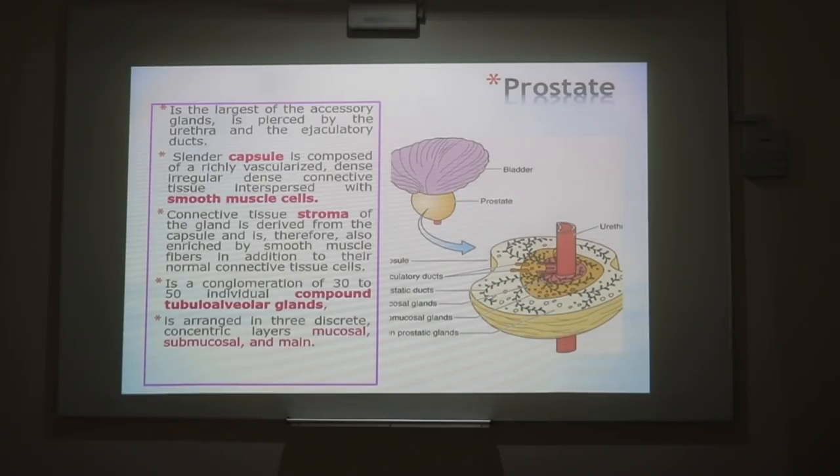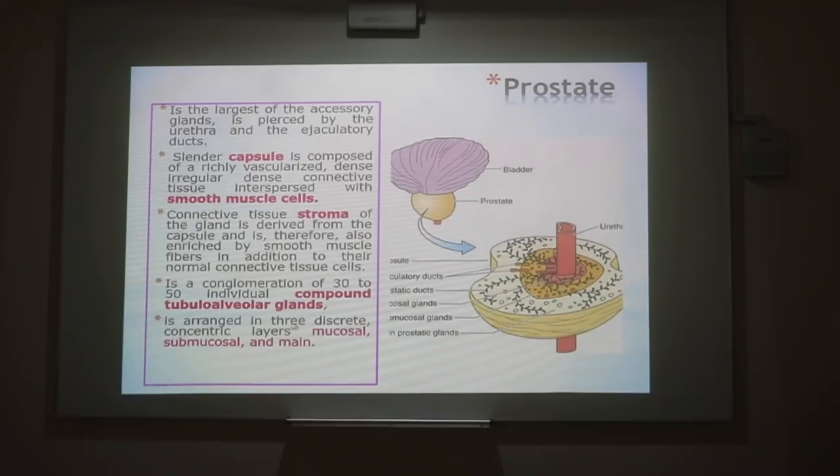So you have 30 to 50 tubuloalveolar glands divided into 3 zones. The ones which are next to the urethra are mucosal glands. Then you have the intermediate glands, which are sometimes called submucosal glands. And then you have the peripheral glands, which are the largest glands of the prostate.